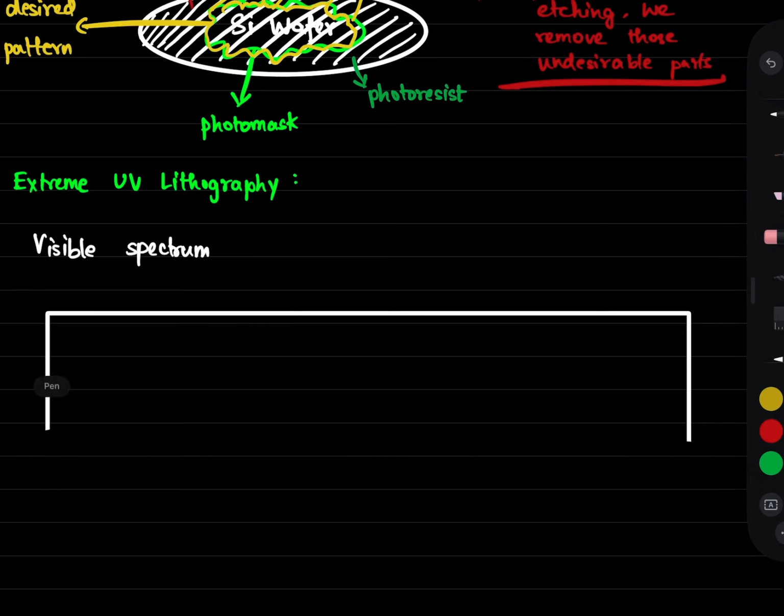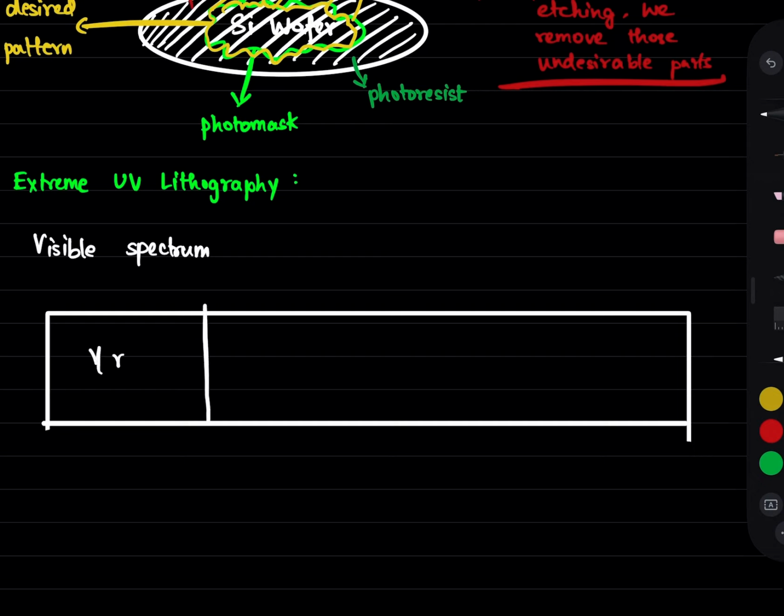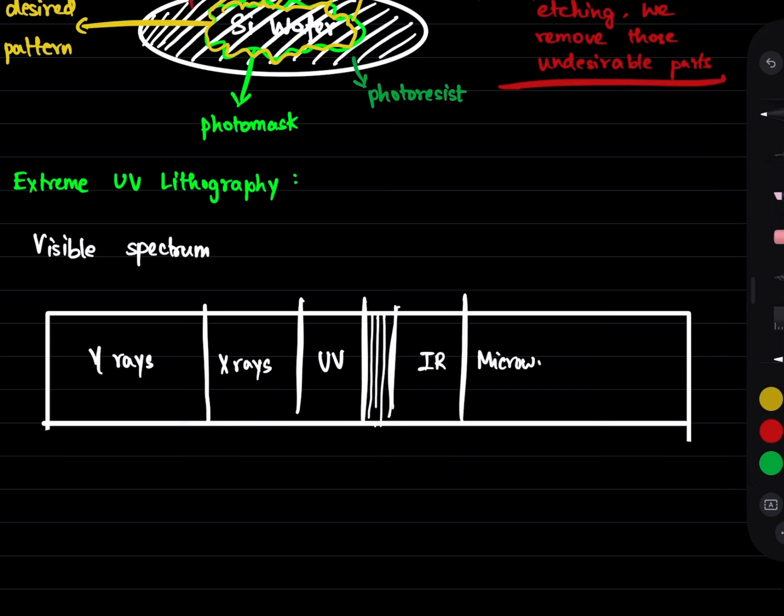Not a very big box. Okay, so let's say this is gamma rays and this is X-rays, and this is the UV which we are going to be talking about, and this is the visible spectrum, the different colors, and beyond this is the IR, infrared waves, and then comes microwave, and then comes FM radio waves and AM radio waves, and then comes long radio waves.